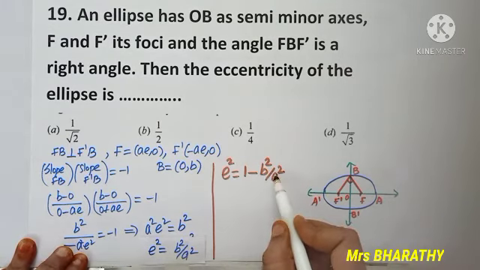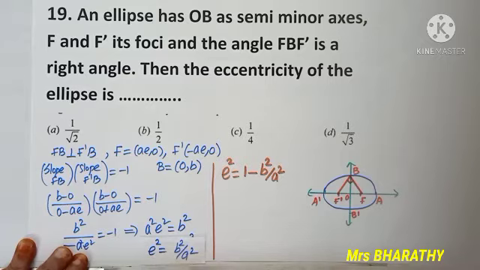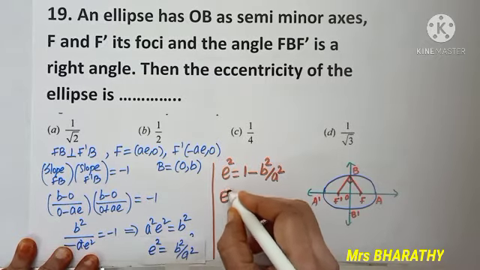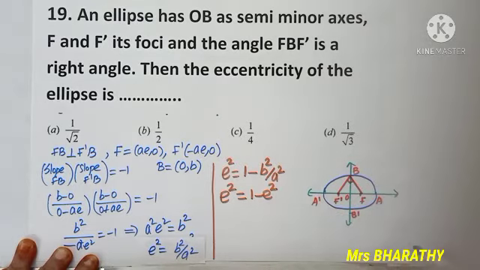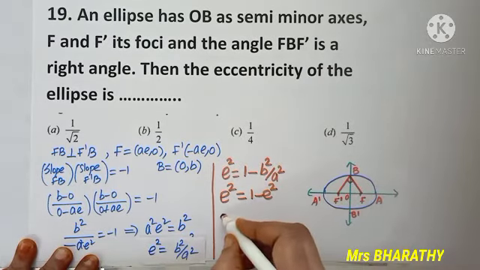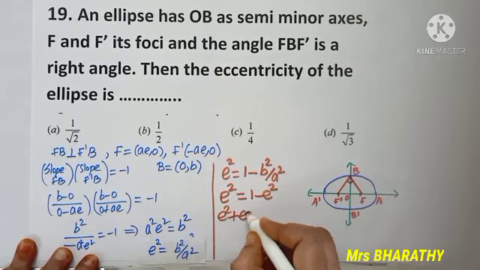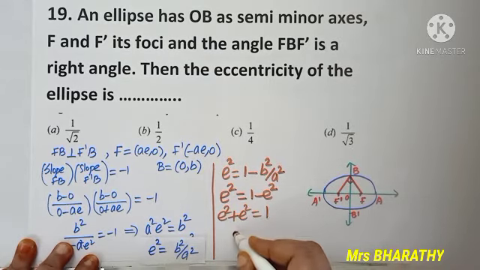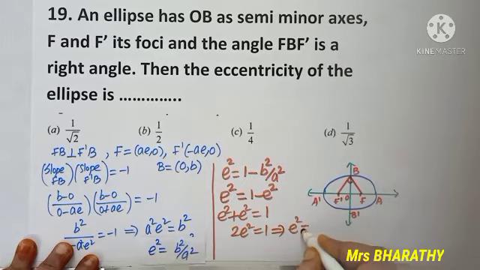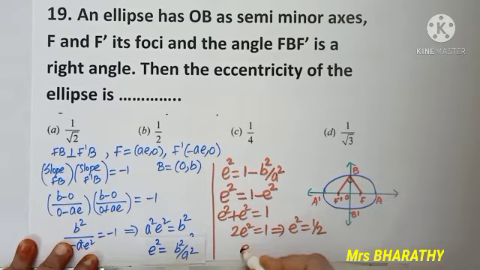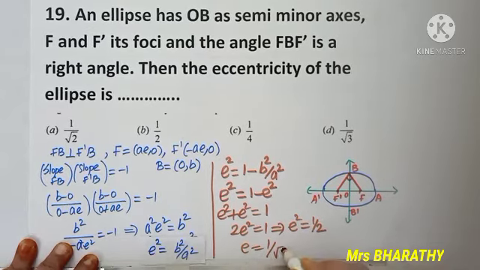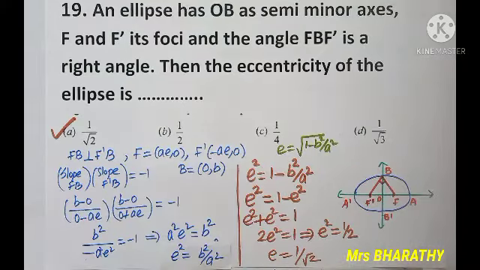Substituting B square by A square as E square, I get E square equals 1 minus E square. Bringing E square to the left, it is E square plus E square is 1, or 2 E square is 1. E square is 1 by 2. My question is to find E. E equals 1 by root 2. And the correct option is A.